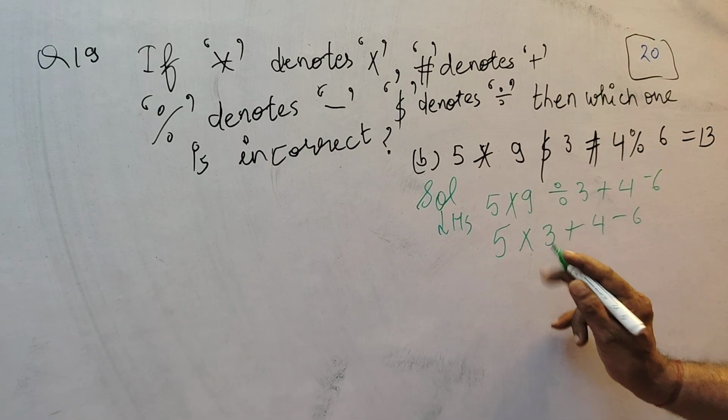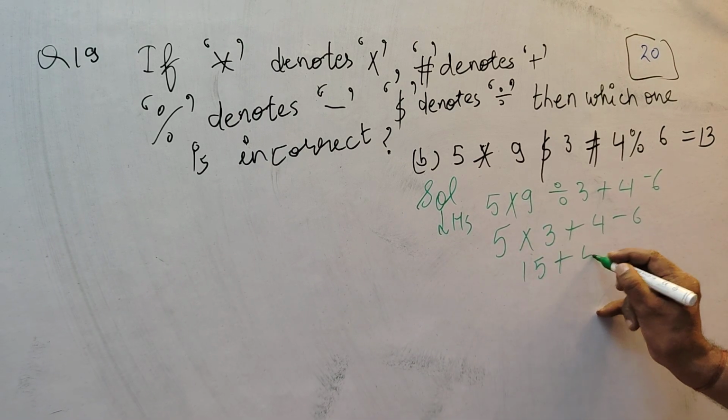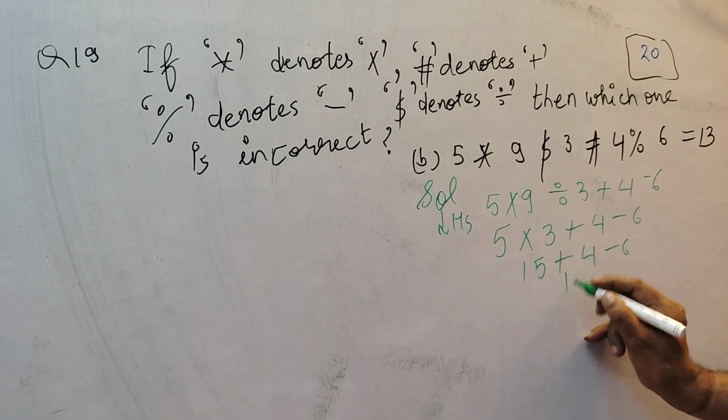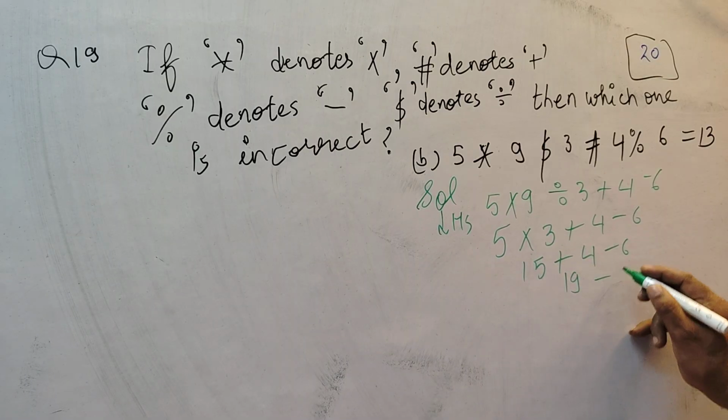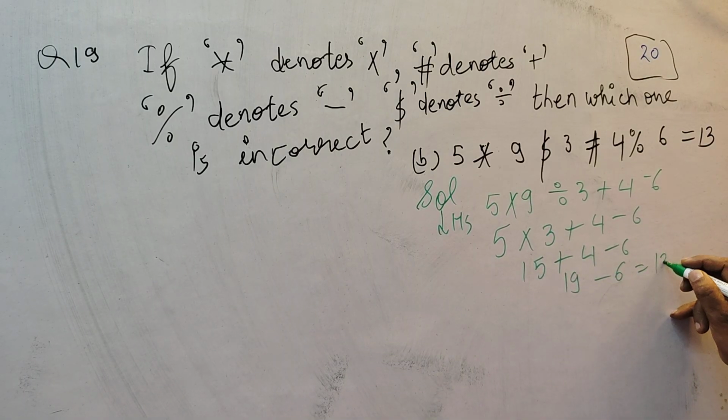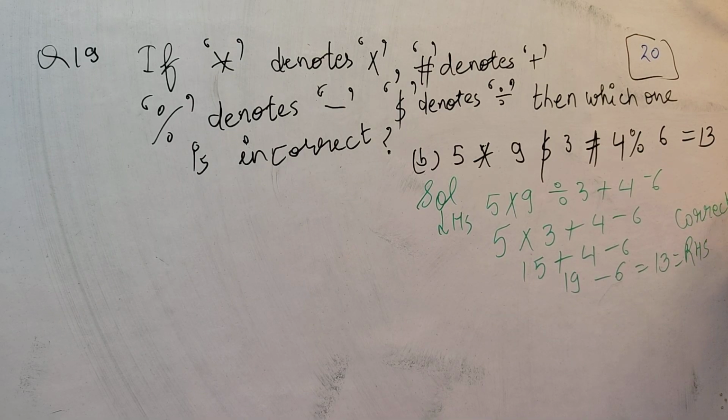Now 5 times 3 is 15, plus 4 minus 6. 15 plus 4 is 19, same sign add first. 19 minus 6 is 13. So 13 is right hand side. This option is also correct. We have to identify the incorrect option, that's why the correct option is rejected.